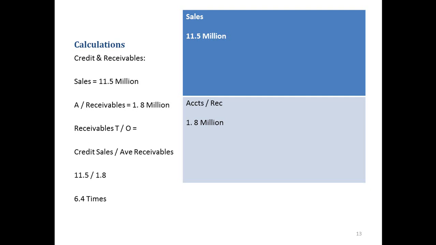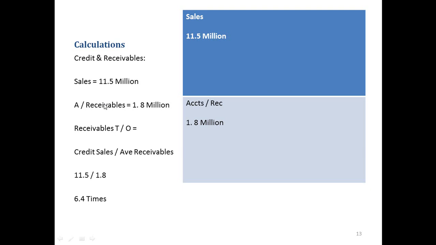Now, receivables. Now we want to see what we sold, and from what we sold, what did we collect on that? What's still sitting in receivables, and how much cash do we have? The first one is going from warehouse to what we sold. Now this is from what we sold, what did we receive? How much cash did we receive? Receivables, we look back, we have 1.8 million sitting in receivables.